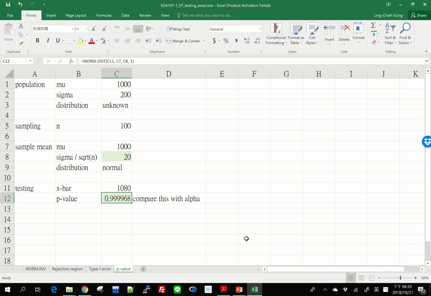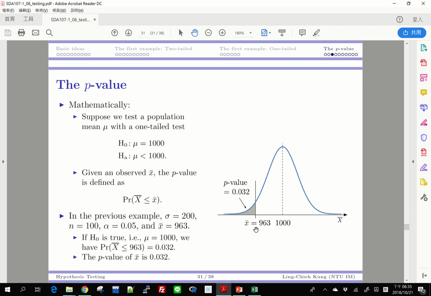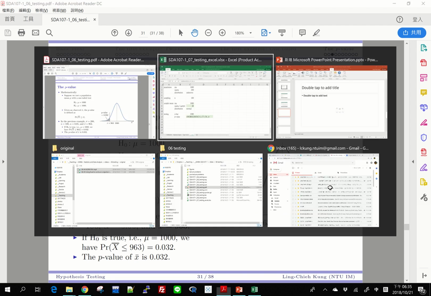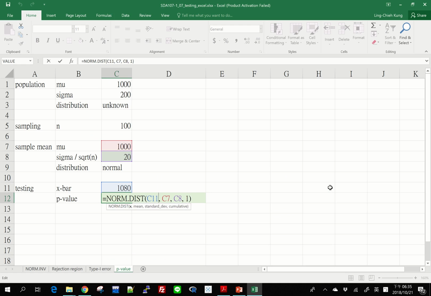What's that? If you get 1080 as your x bar, then here, the definition of being more extreme should not be your left tail probability. If it's 1080, being extreme must be at the other side. It means that you are calculating the right tail probability. So if this normal distribution function is giving you the left tail probability, then here you do a 1 minus thing to get the right tail probability.